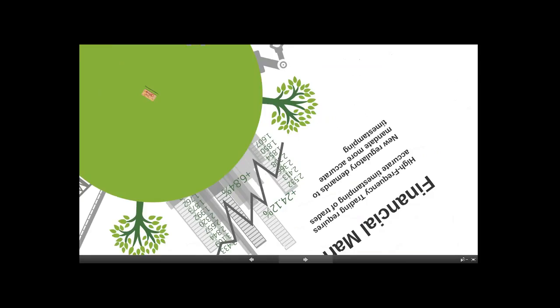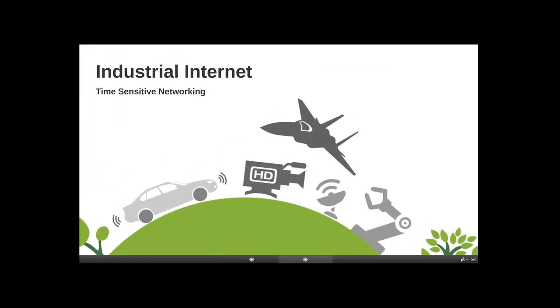Let's also look at some other industries which are very interesting, and this is something we've classified as the industrial internet. Now, we classify the industrial internet as the use of Ethernet for communications in lots of different environments. So we have in-vehicle or in-craft communication, so the connected car, defense communications within a craft, all classified under this banner of industrial internet.